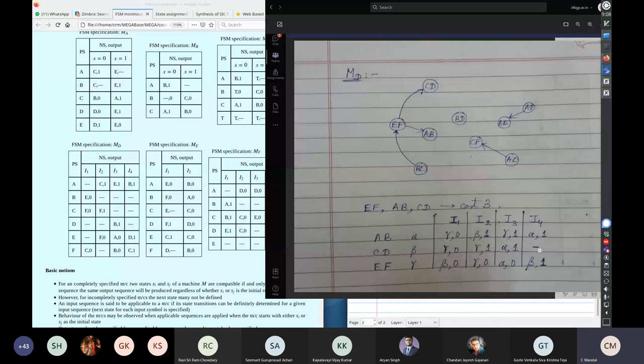You need to specify it, because if it is left unspecified, you can't implement it.